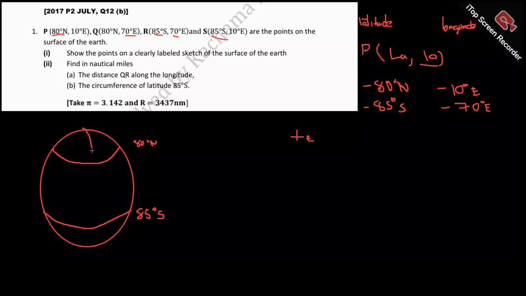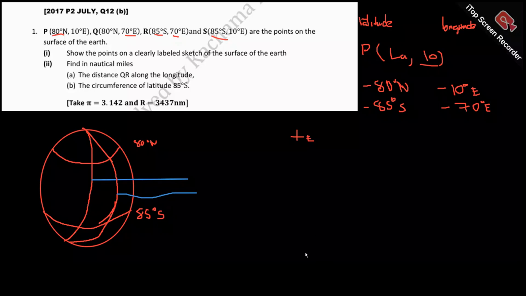So the first one is going to be 10. Then the second one is going to be 70.